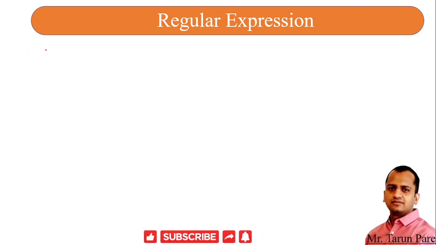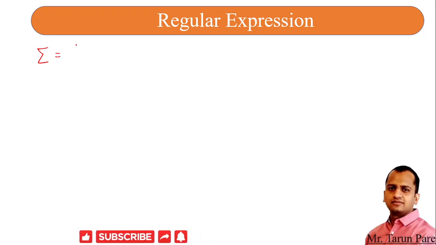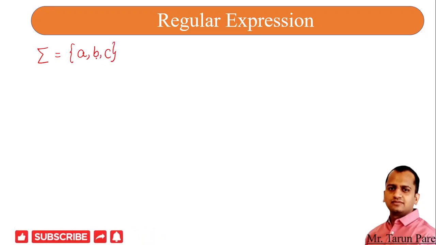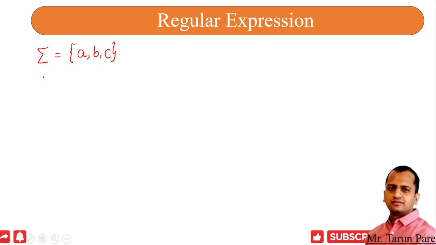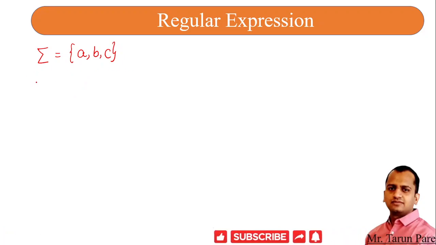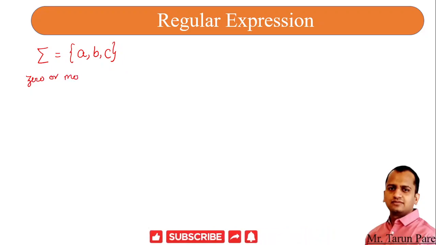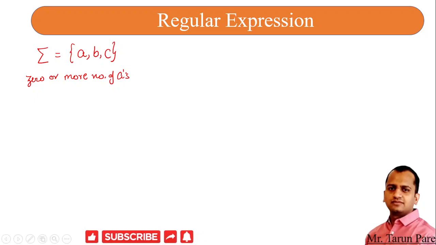Suppose there is an alphabet over the symbols A, B, C. If you want to print, or pass, a string having zero or more A's, then what will be the regular expression for that?